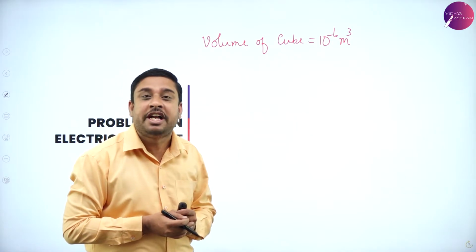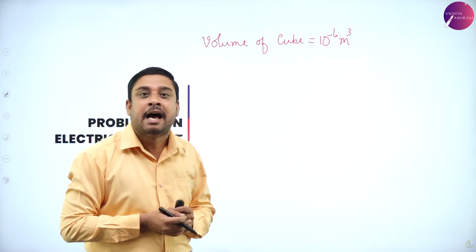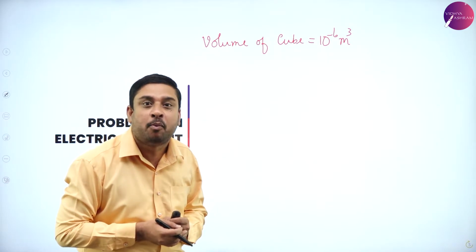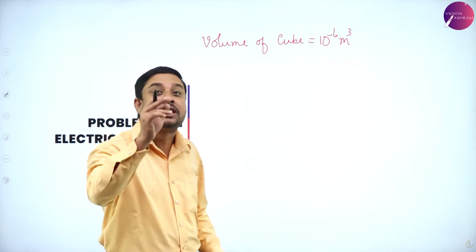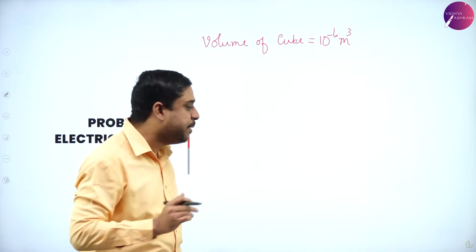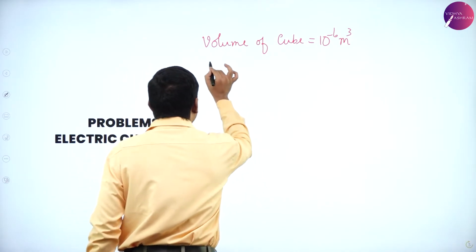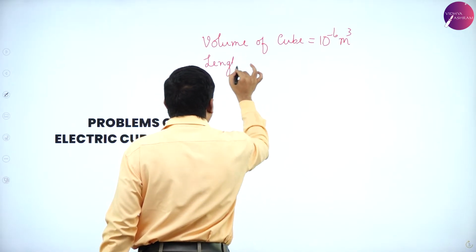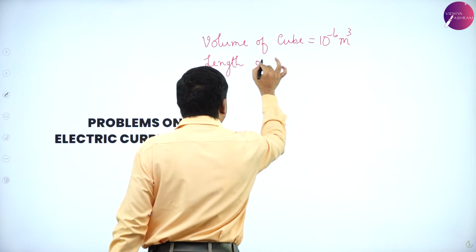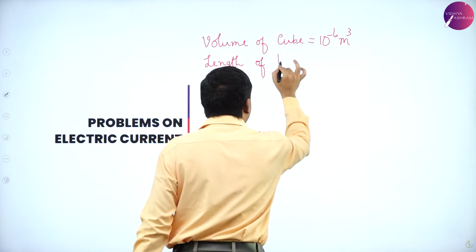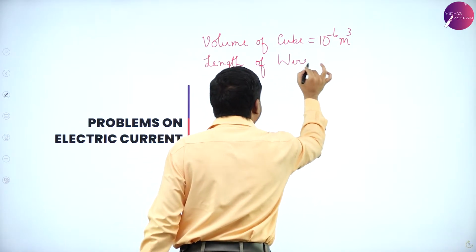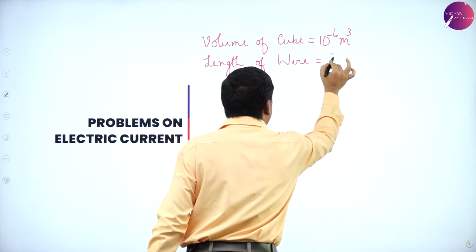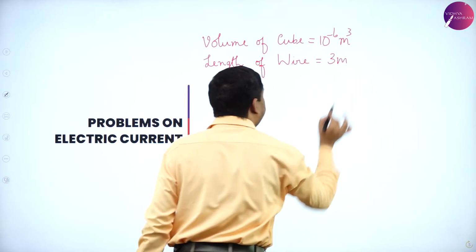It is modified as a uniform wire whose length is 3 meter. So, length of the wire is equal to 3 meter.